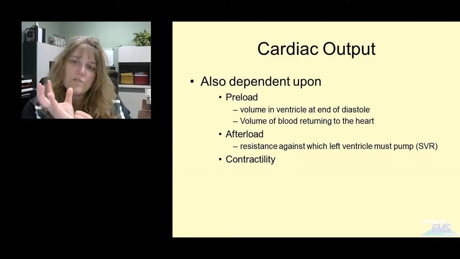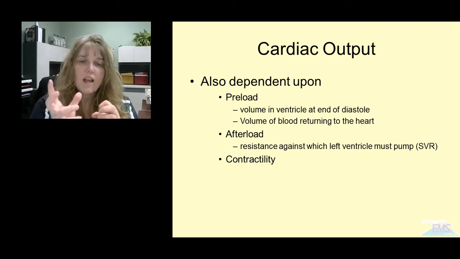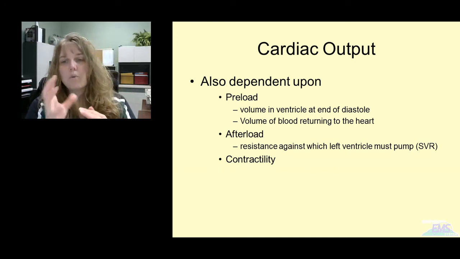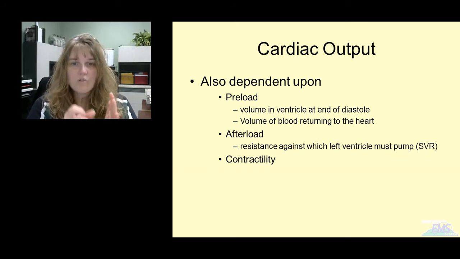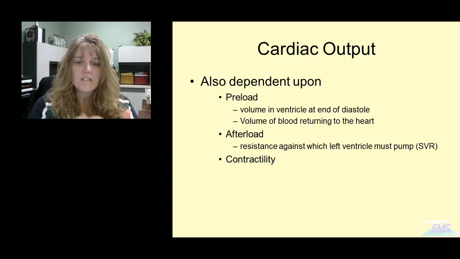So that's what we're referencing when we talk about preload. And then afterload is how much pressure or how much resistance the heart has to contract against to get that blood out the aorta. So that's systemic vascular resistance, the resistance against which the left ventricle must pump to get the blood out.